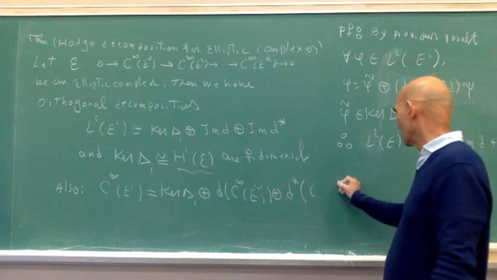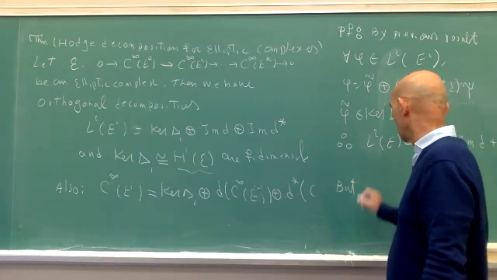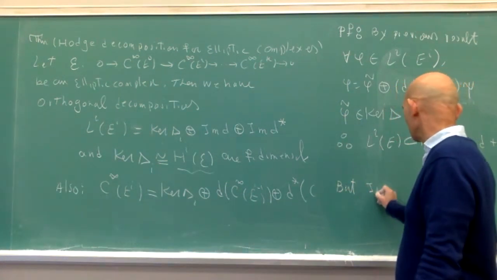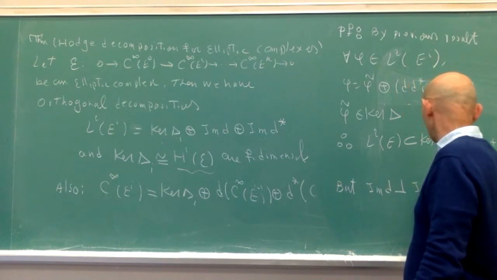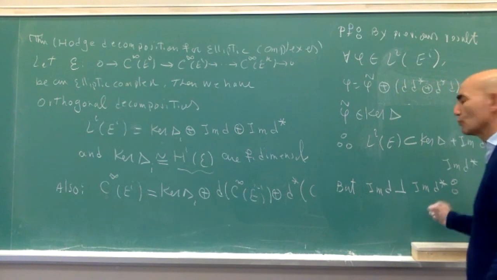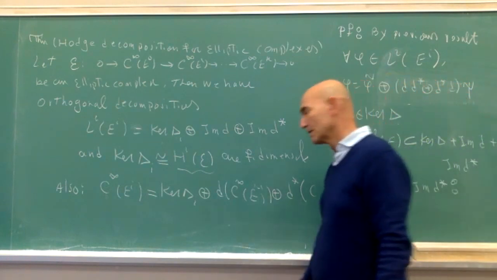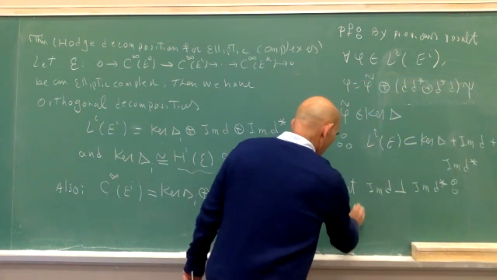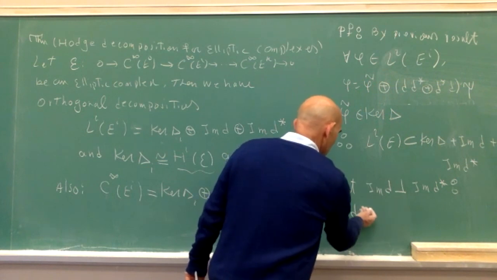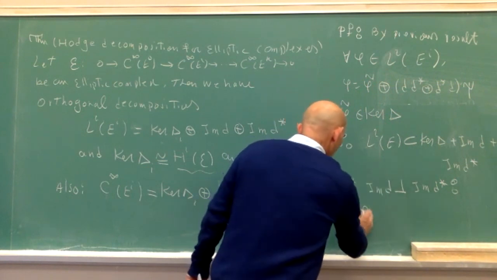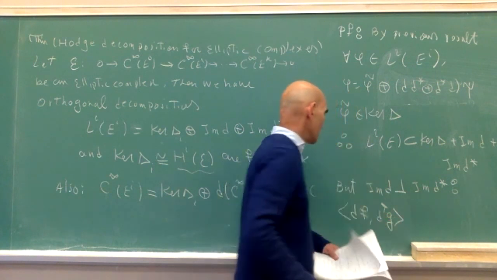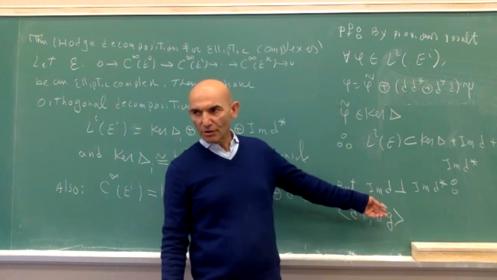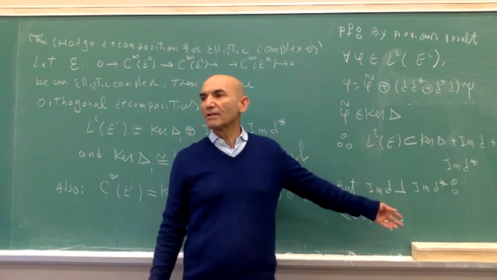But this we do. Image of D is orthogonal to image of D star. Let's see the proof of this. Why is that so? If you just have D of F, for example, and D star of G, why is this zero for all F and G?